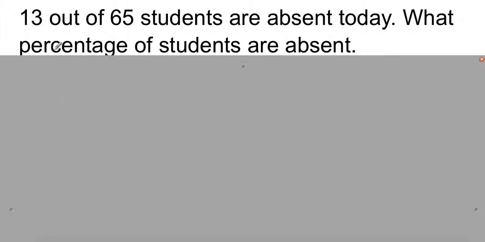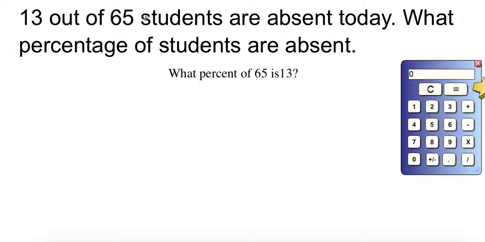In my next example, I have that 13 out of 65 students are absent today. What percentage of students are absent? Now in this example, it's really quick to see that you can't use the decimal method because we just don't have a percent. We know that there's 13 out of 65 students, but we don't know what percent of students are absent.